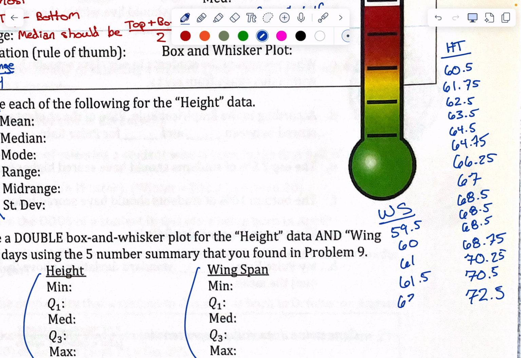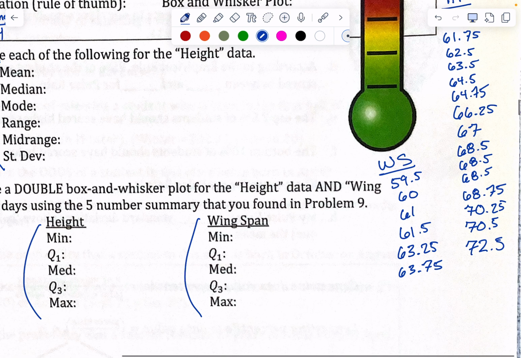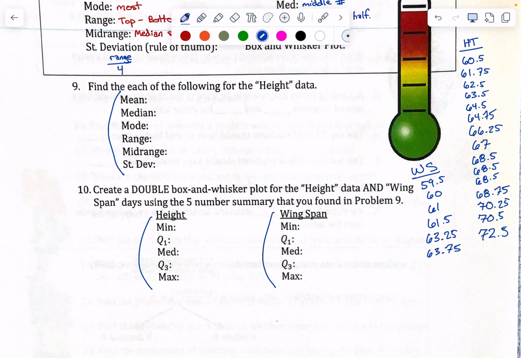We only have 15. Let me see. Six. Six. Why? What is your problem? That was unnecessary.